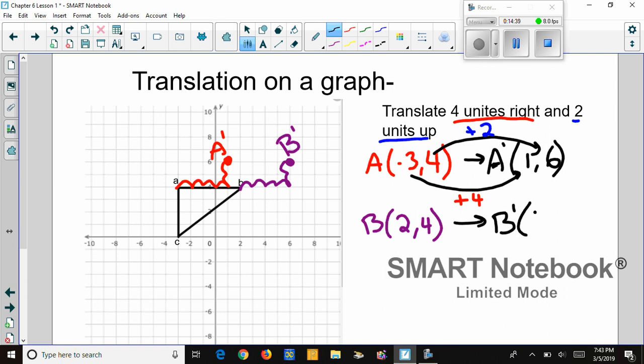It's at 6, comma 6. Again, I did +4 for my x to go to the right, and then +2 on my y to go up. Now I'm going to take and move my C. 1, 2, 3, 4, 1, 2. Now I get C prime.